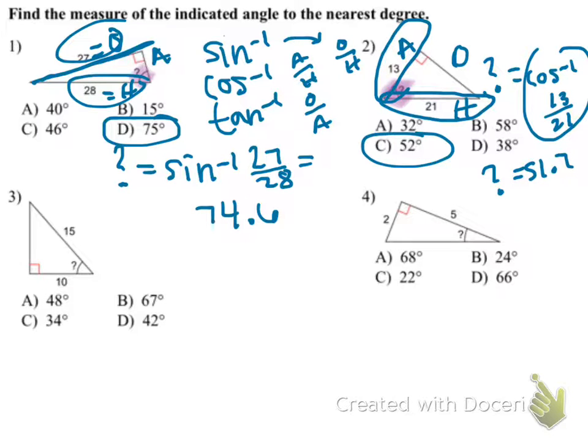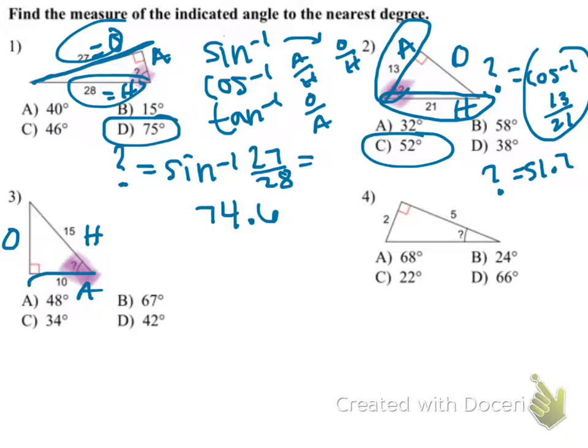Same thing with 13. Let's label all these sides. Here's my angle I want to look at. So my opposite side to this angle is this guy here. This is opposite. My hypotenuse is across from my 90 degrees, so this is hypotenuse, and this is my adjacent side.